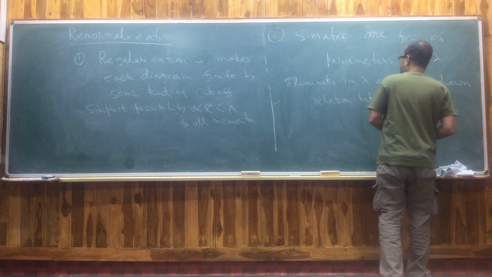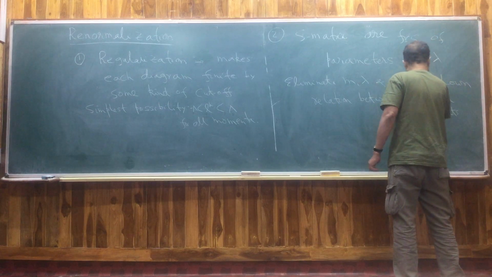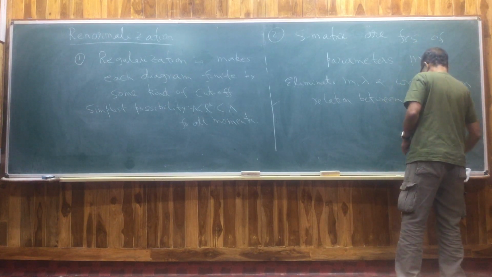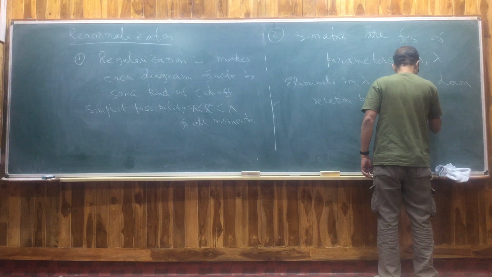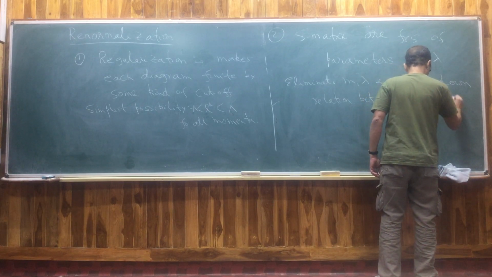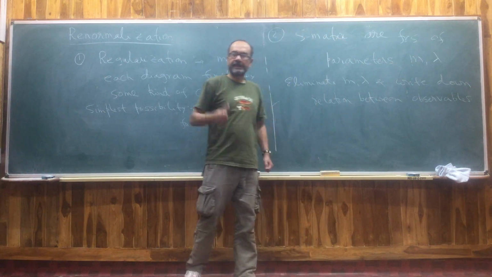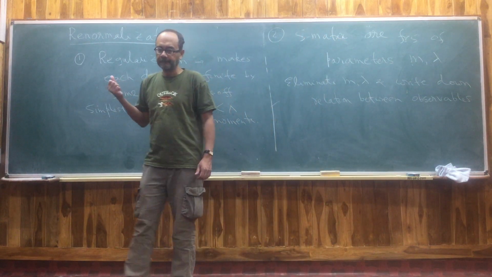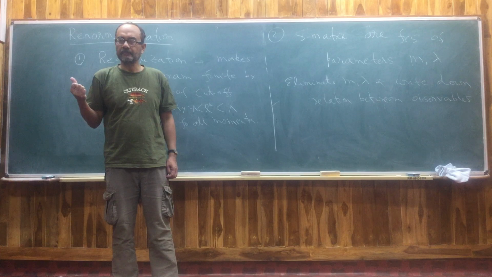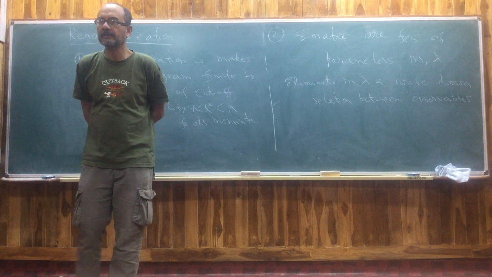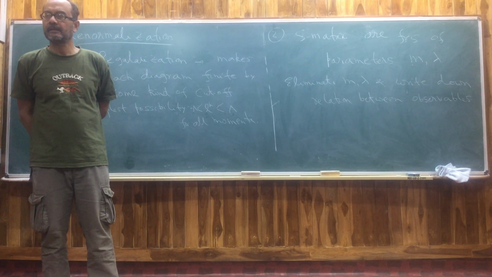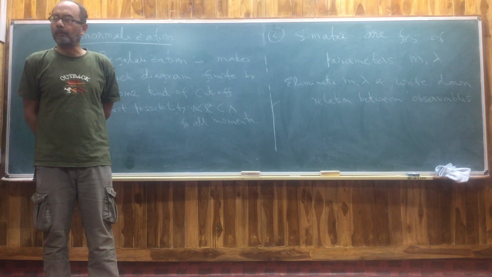Maybe I can just say, instead of S matrix elements, observables. So the physical mass of the particle is also an observable. Relation between the observables will be some sort of difference or ratio like that. Well, it may be more complicated.